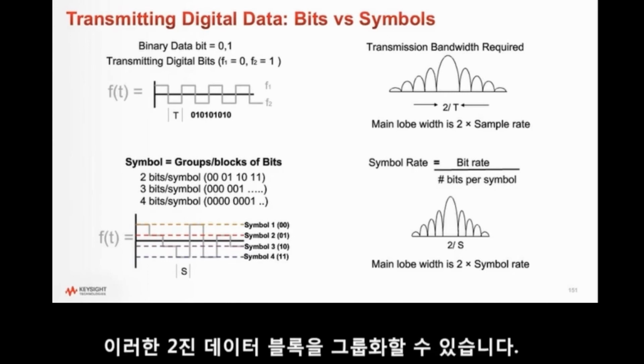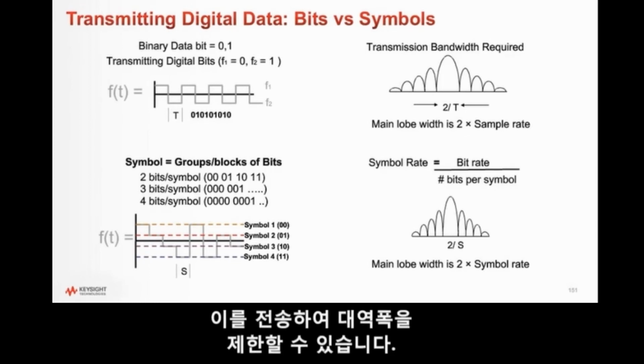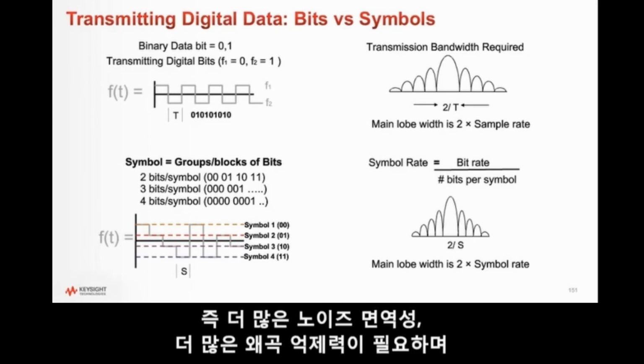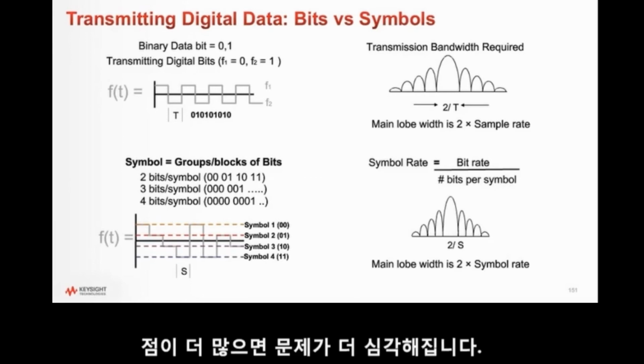So we can group these blocks of binary data up. We can combine them into one symbol, one discrete point on that constellation, and we can transfer that to limit our bandwidth. Now you do need more points on the constellation diagram, which means you need more noise immunity, more suppression of distortion. All these things that distort how that constellation diagram is going to be presented become more of a problem if you have more points on that.